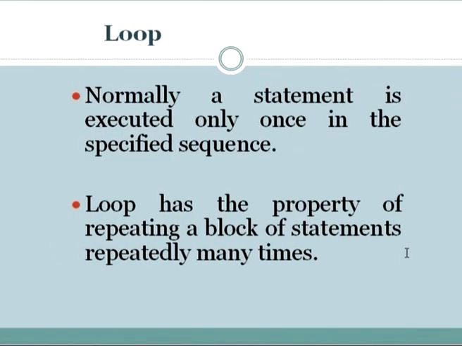Normally, a statement of the program is executed only once in the specified sequence. A loop has the property of repeating a block of statements many times. The body of a loop may be composed of a single statement or more than one statement.